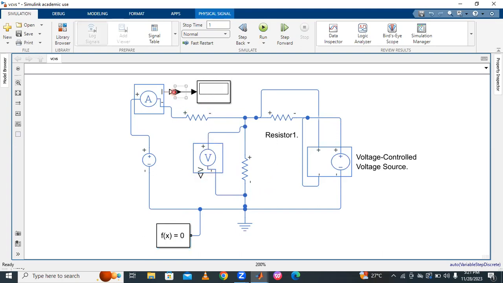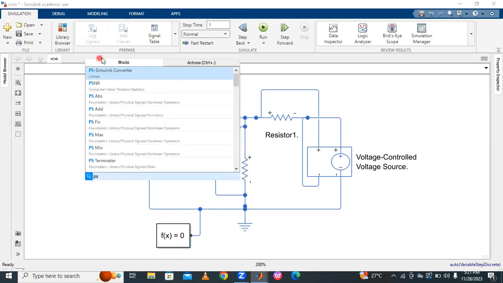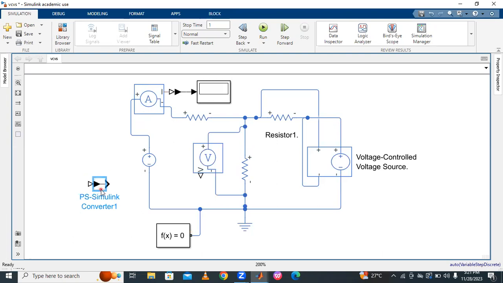And then take one PS-Simulink converter, and take one display.